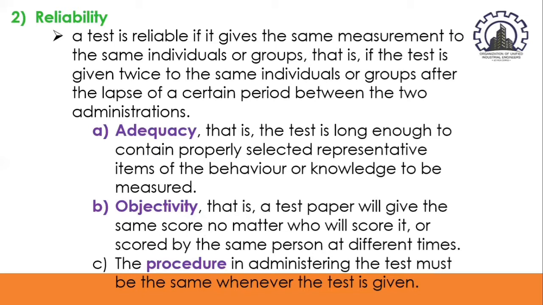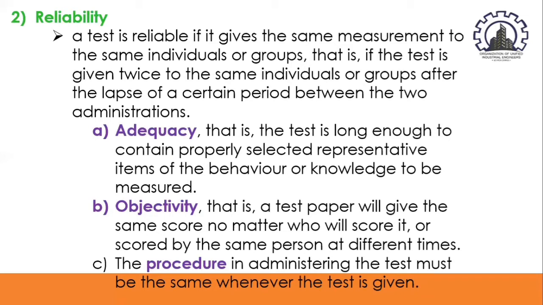If we say reliability, a test is considered reliable if it gives the same measurement to the same individuals or groups. That is, if the test is given twice to the same individuals or groups after the lapse of a certain period between the two administrations.